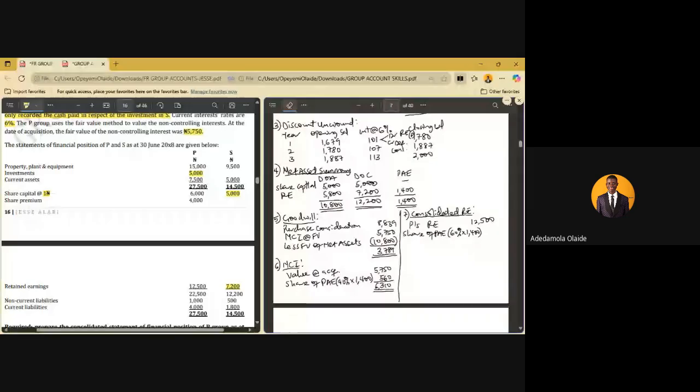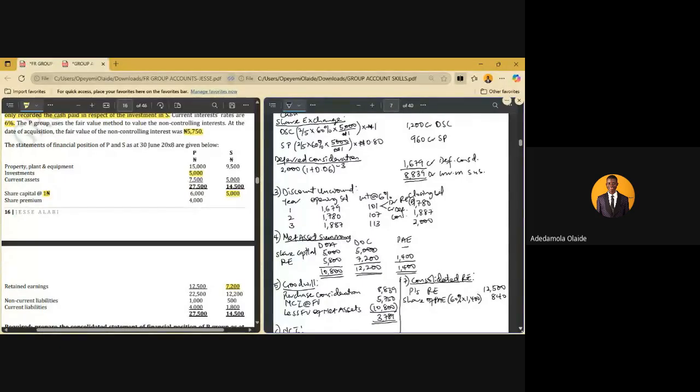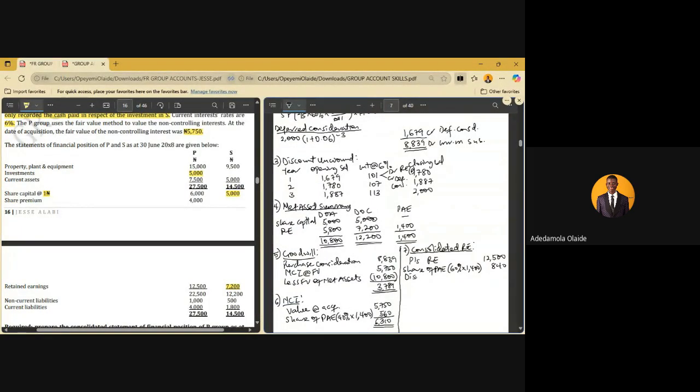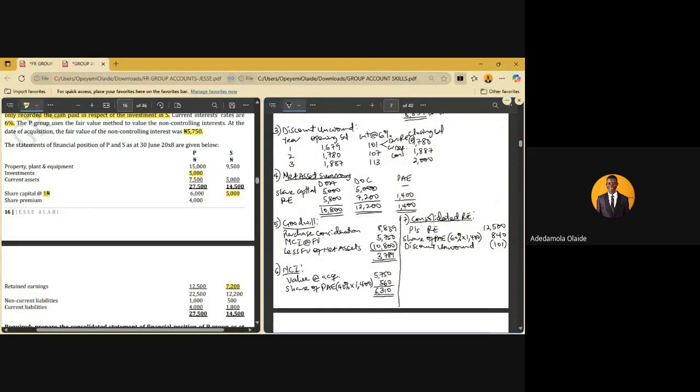So how much would that give us? 840. Then what else do we have? There is a discount on warrant of 101, to reduce our retained earnings because we are debiting it here. So that's all. So what do we have as the consolidated retained earnings? 13,239.